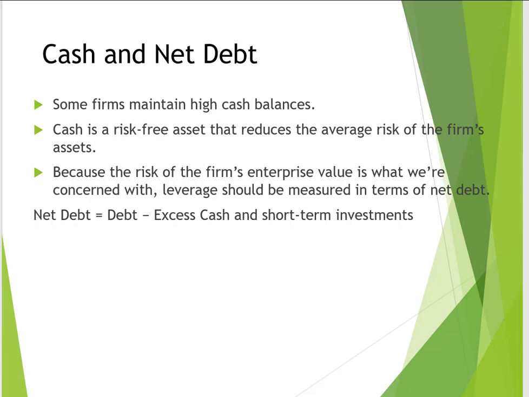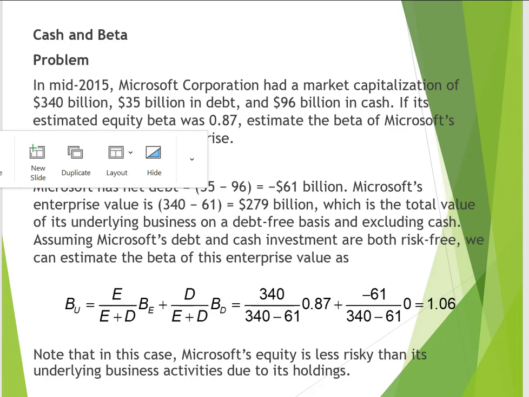So net debt is the debt of the company minus any excess cash and short-term investments. Now, how we identify excess cash, that is the trigger, right? So the company has to determine exactly how much excess cash they actually have.